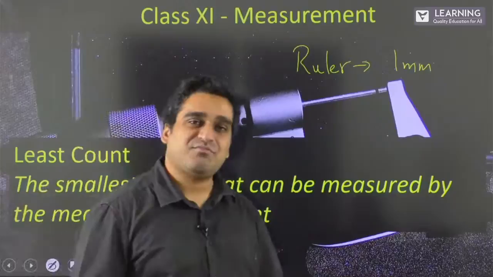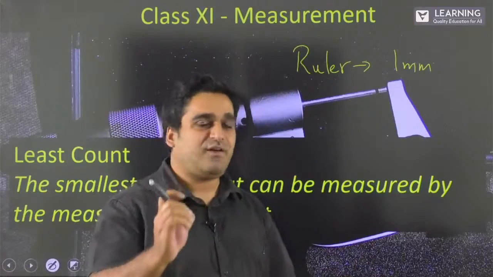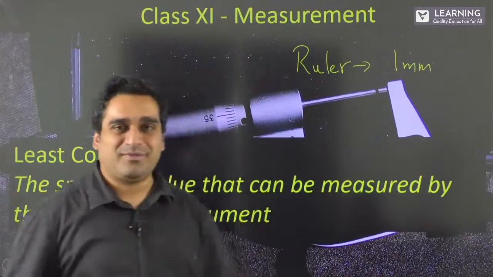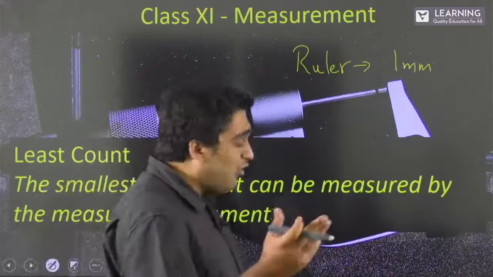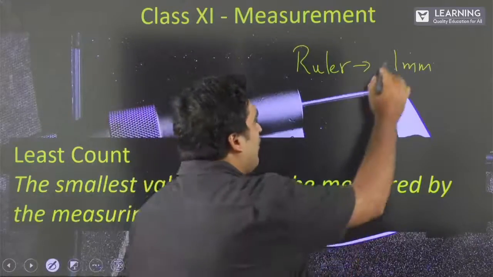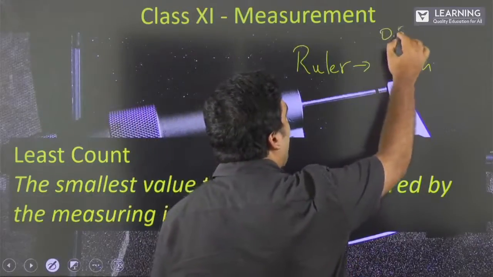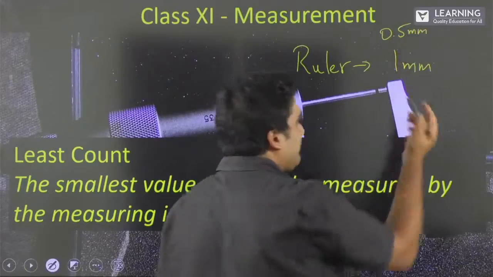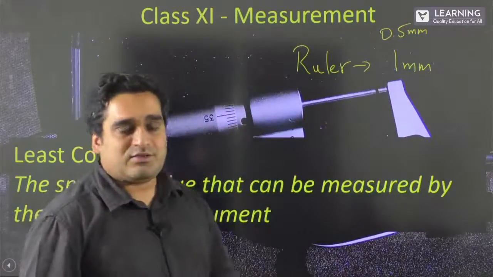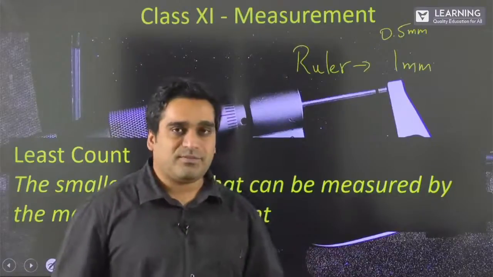That is the smallest value you can find on your ruler. But some scales might also give you 0.5 millimeter, that's 1/2 of a millimeter.